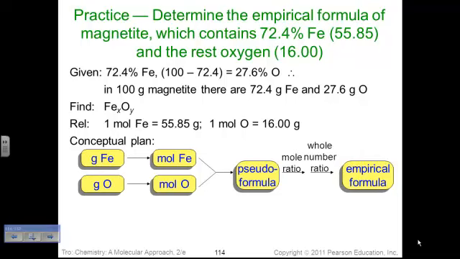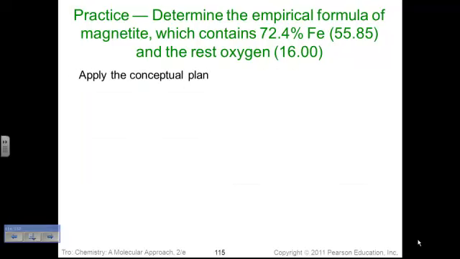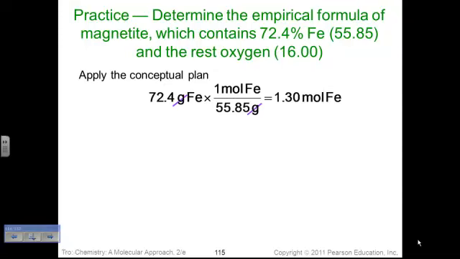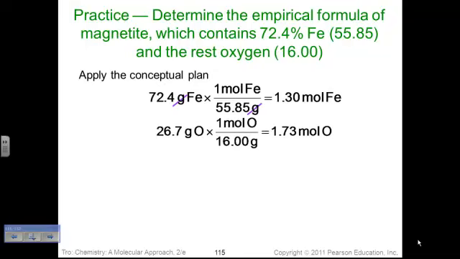Convert each gram into a mole by dividing each by its atomic weight. Those mole numbers will then be divided by the smallest of the two to find your whole number ratio. When you applied your conceptual plan, the number of moles of iron you found by hitting 72.4 divided by 55.85 grams, 1.30 moles of iron.